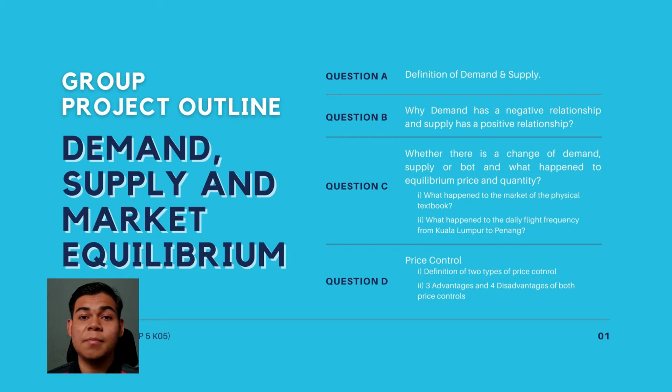The third question is about the changes in the given situation, whether in demand or supply or both, and also what changes happen to the equilibrium price and quantity. And the last question is about price control. It's about the definition of the two types of price control and also the advantages and disadvantages of both of them.